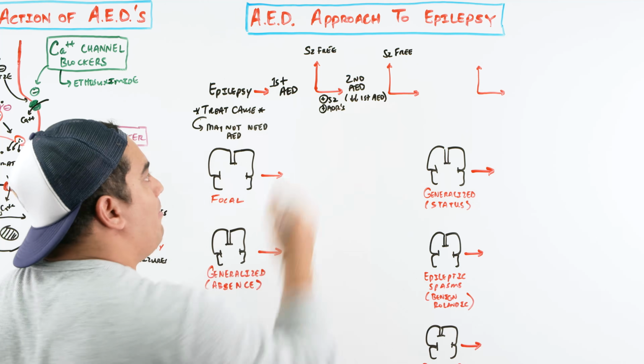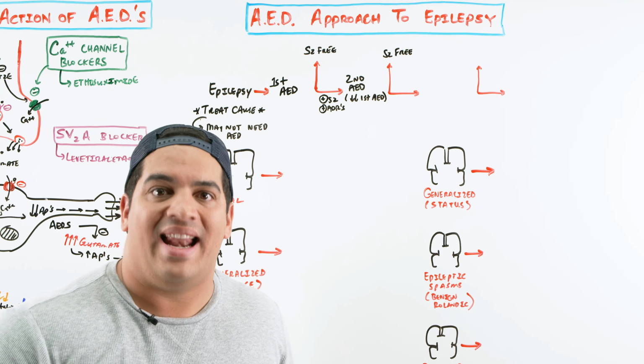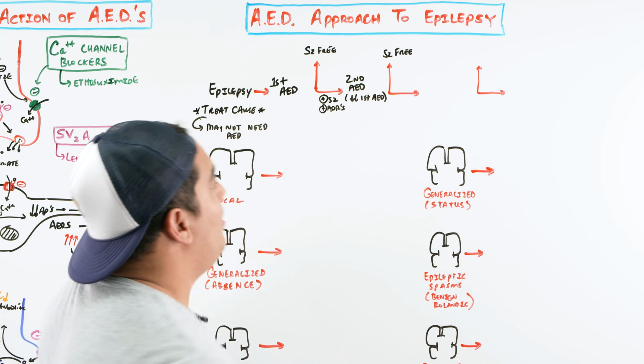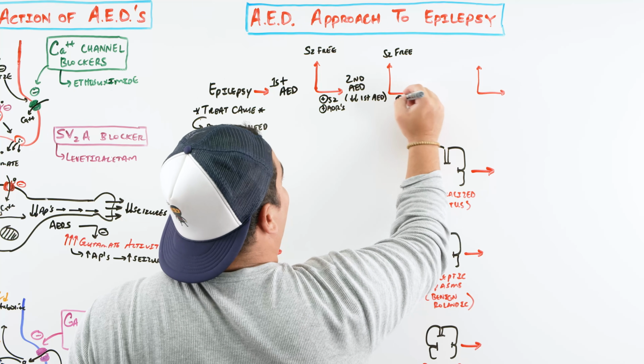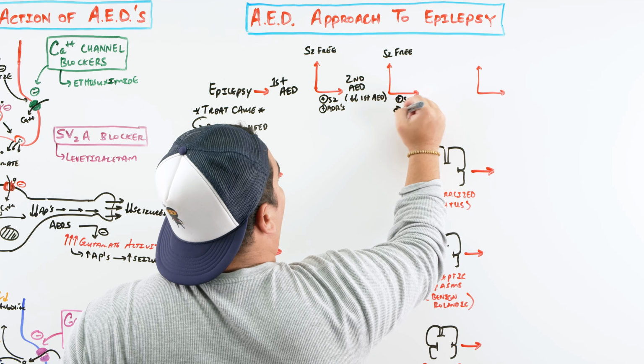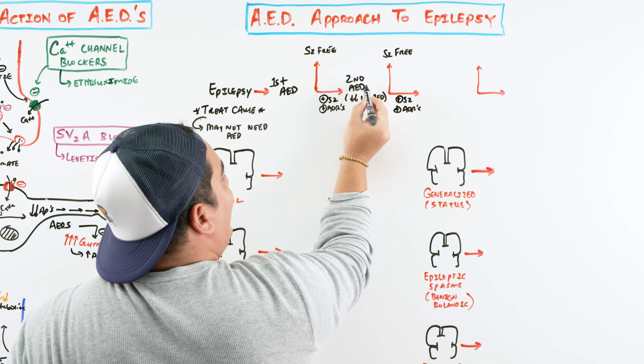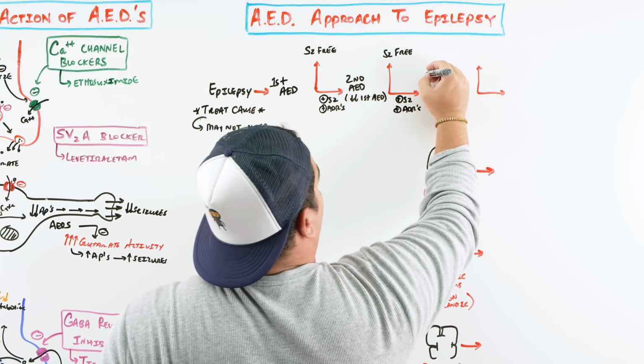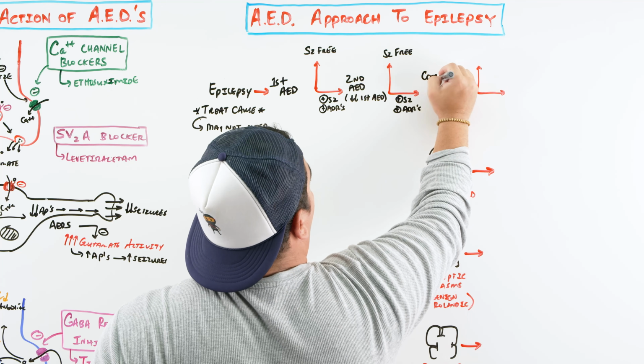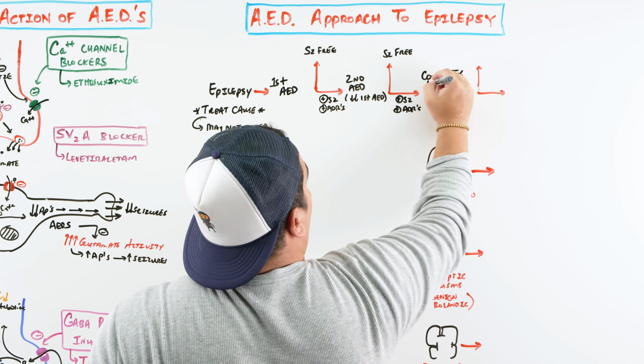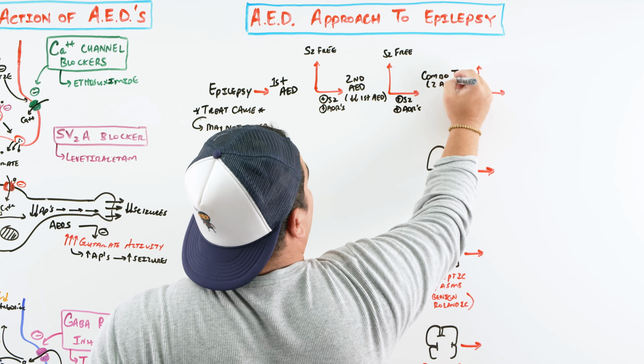Well, then I found the best AED that reduces seizures and has very little adverse drug reactions. But if the patient continues to have seizures or they have adverse drug reactions to the second AED, then I need to consider two options. One is a combo therapy. In other words, I may need two AEDs.